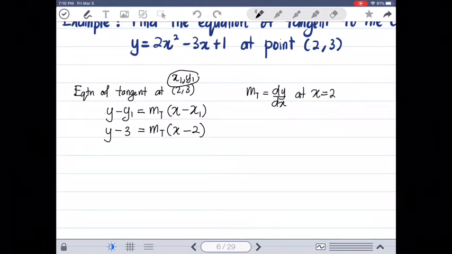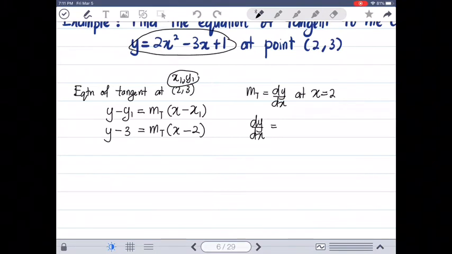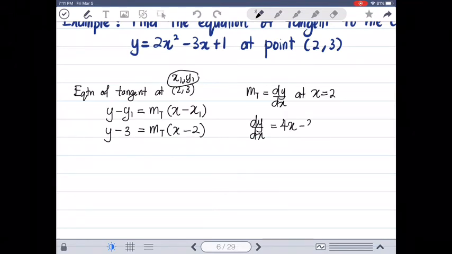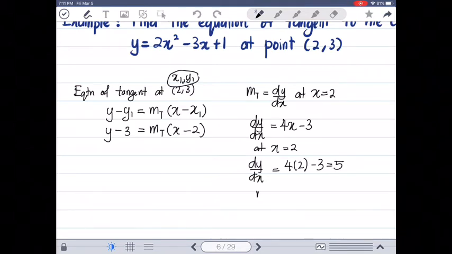So we need to find dy over dx. Differentiating that function, we will have 4x minus 3. At x equals 2, dy over dx is just equal to 4 times 2 minus 3, which is 8 minus 3, so we get 5. So mt is equal to 5.